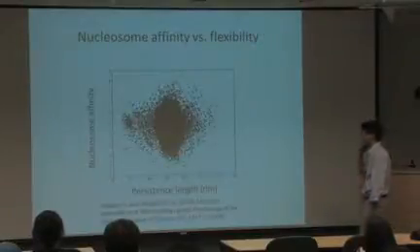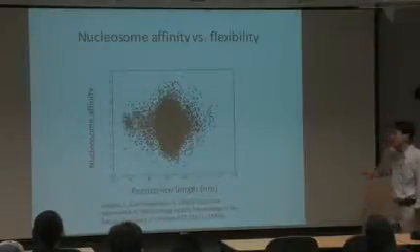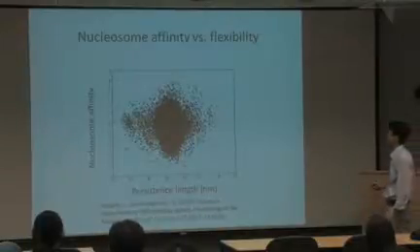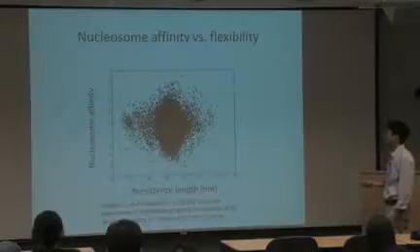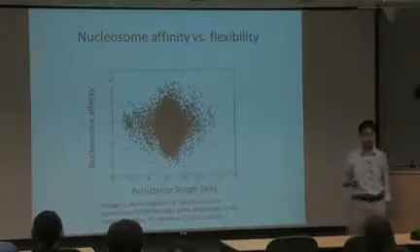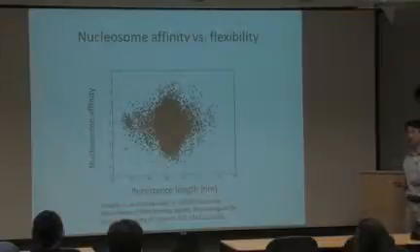I'm showing you a plot that combines 2 different data sets. Actually, it's 1 data set that is compared with a theoretical prediction. What's shown here is nucleosome affinity versus persistence length. Widom and Segal, a few years ago, did a very important study using synthetic DNA molecules.